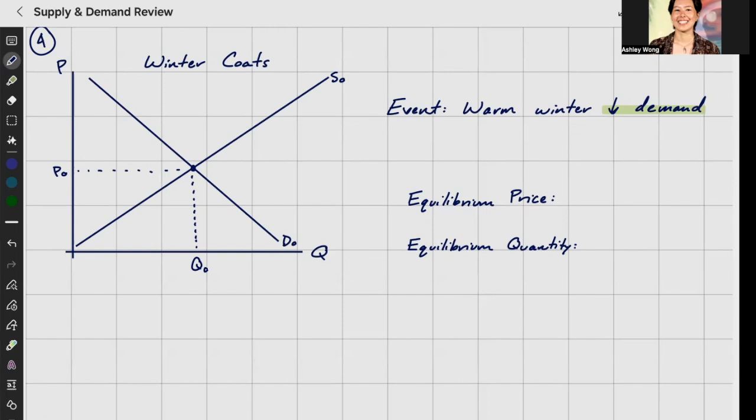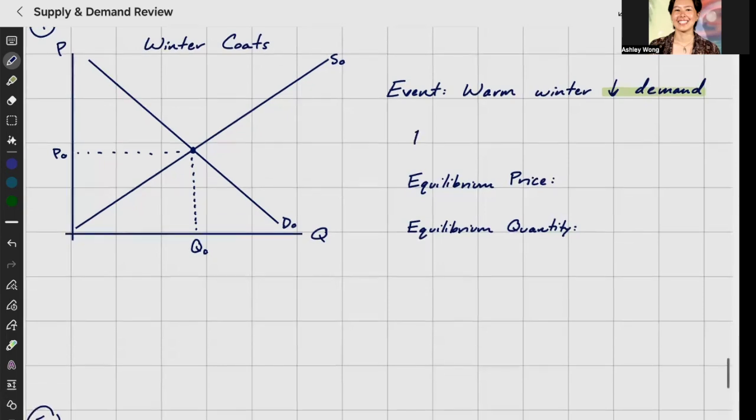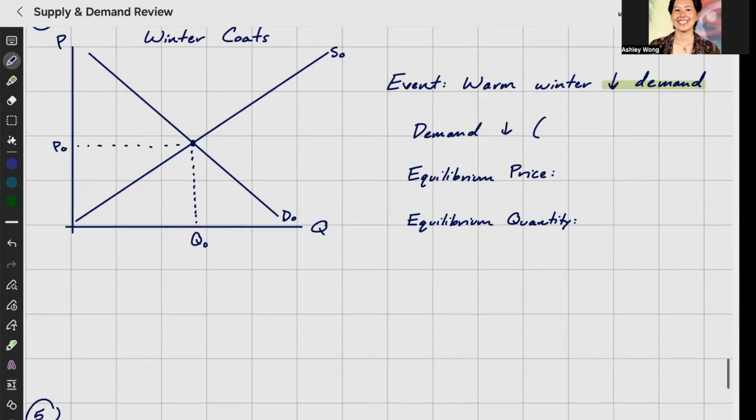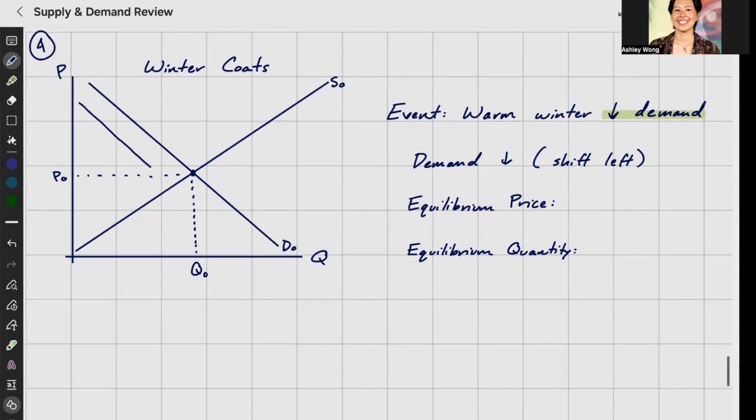So because the weather is warmer, not as many people need winter coats, consumers are not choosing to buy as many winter coats. And so for this reason, our demand will decrease, which means our demand curve will shift to the left. And again, we'll show that on our graph.